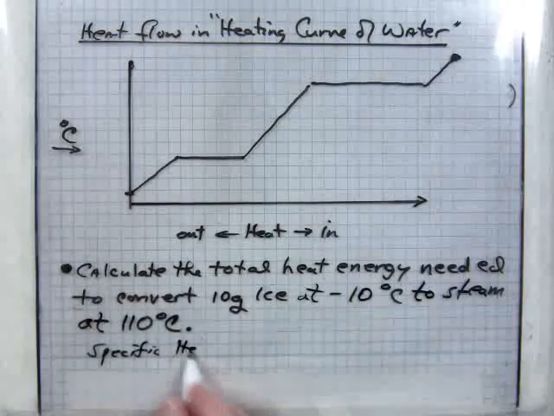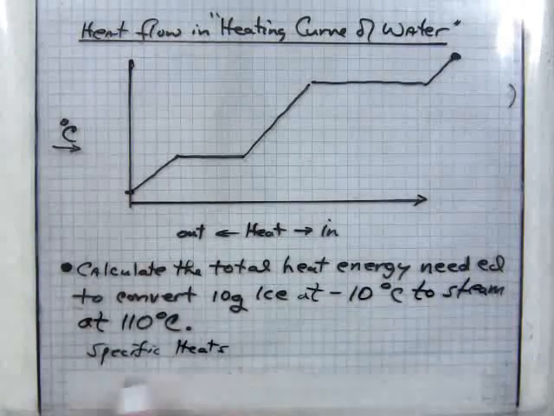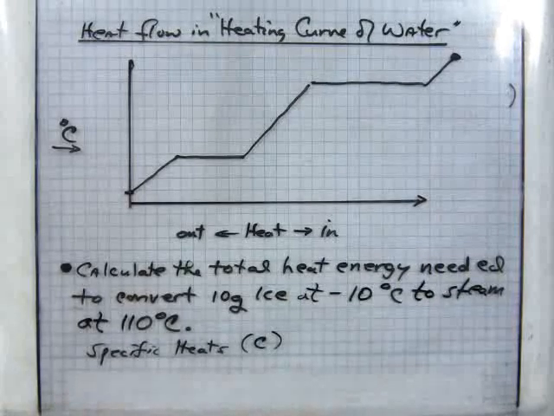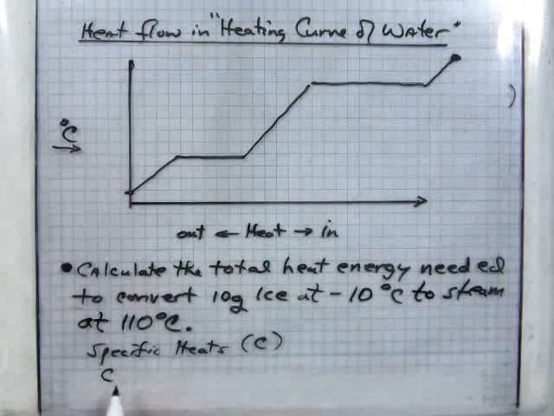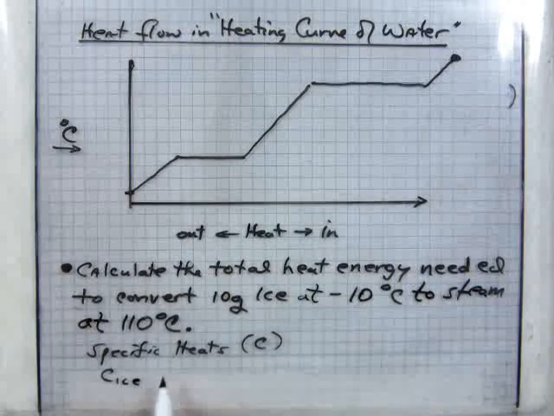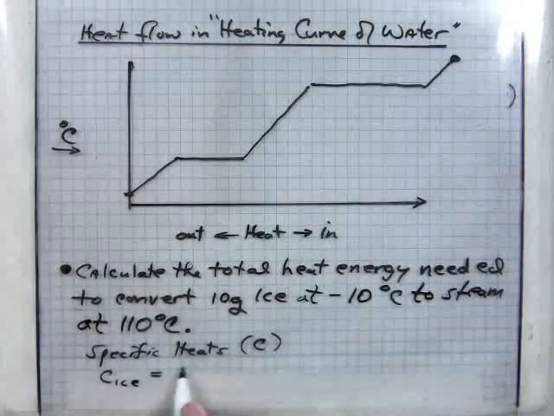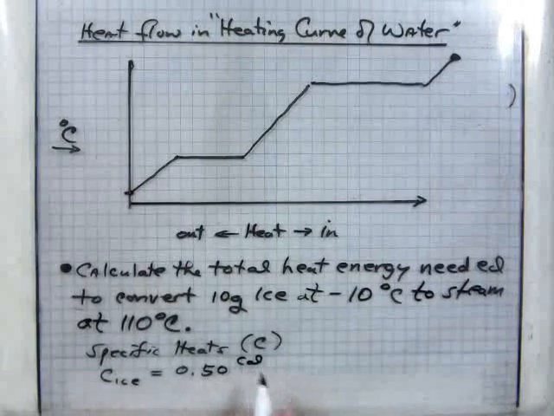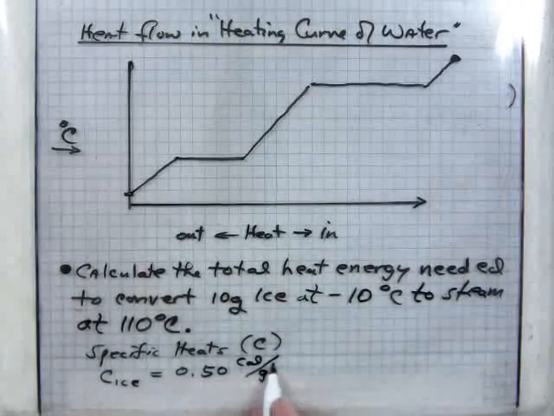And so the specific heats needed are given by a lowercase c. And we have ice, which will be 0.50 calories. We're going to work in calories per gram degrees Celsius.